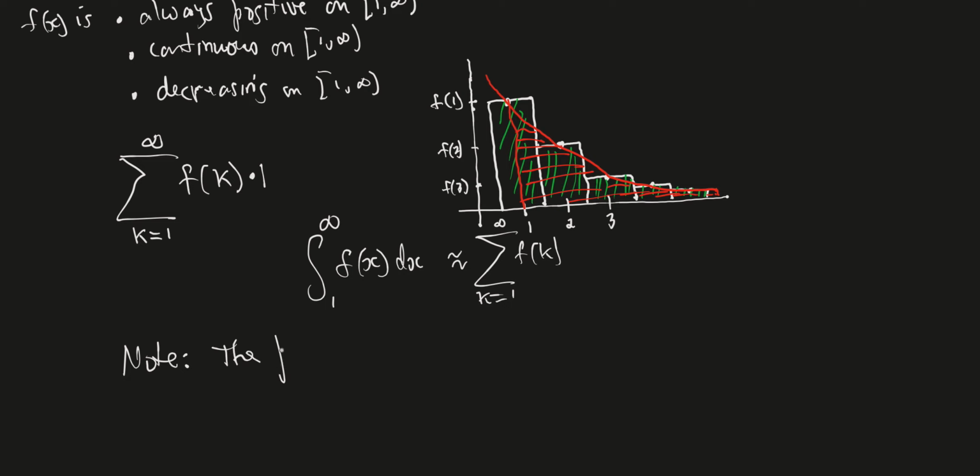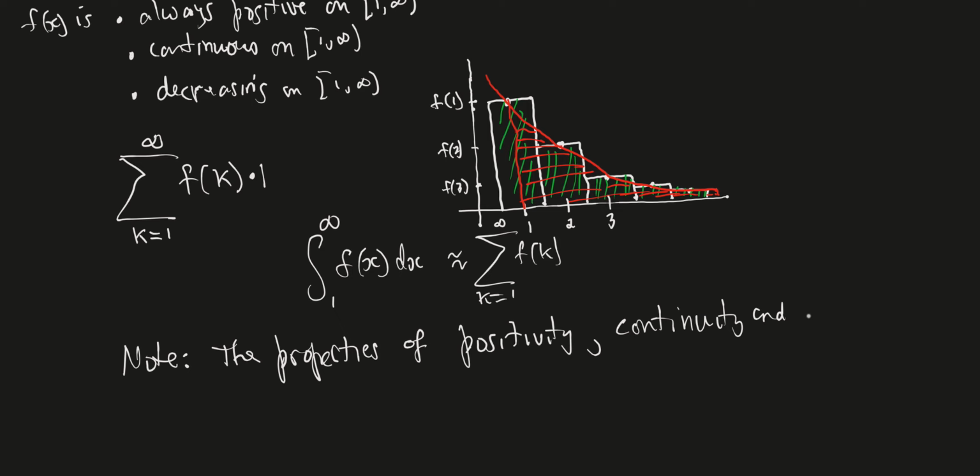The properties of positivity, continuity, and let's just say decrease, only have to be eventually true.